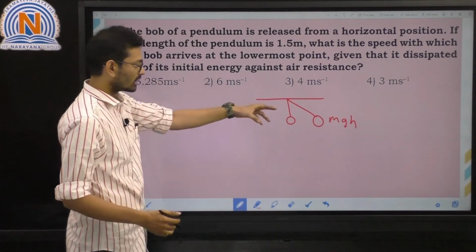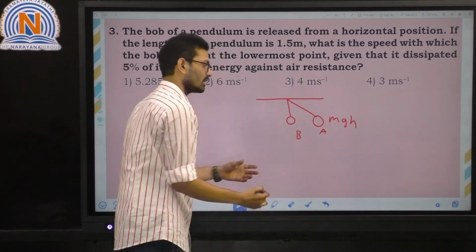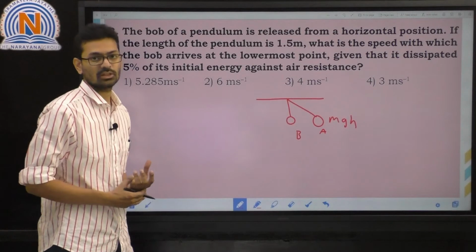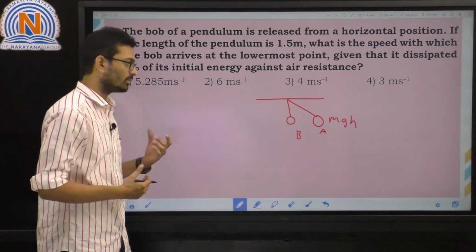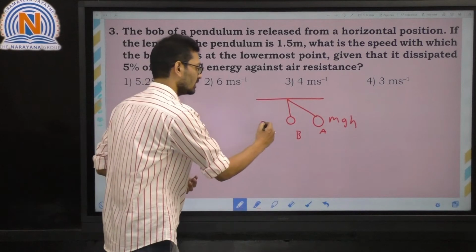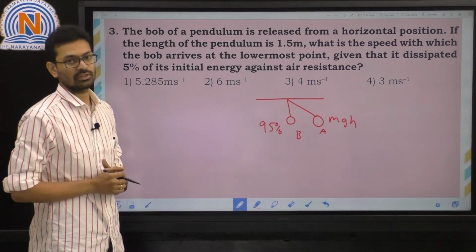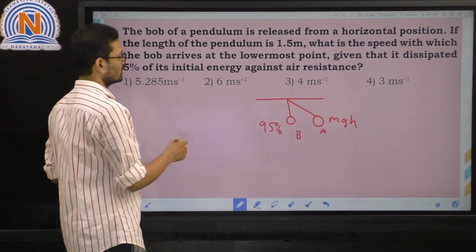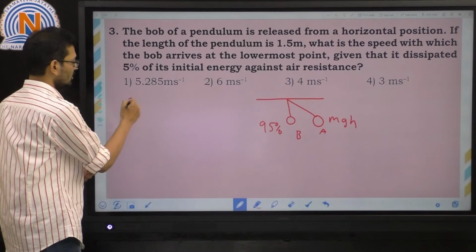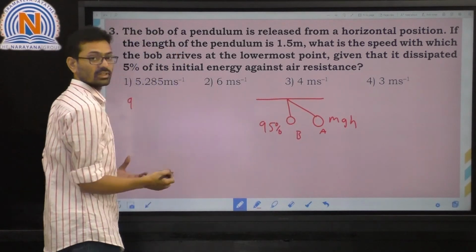Now let us take from point A to point B. While coming from A to B, it lost 5% of energy. Now when it lost 5% of energy, the remaining amount of energy over here is 95%. 95% of energy is present over here, so we will take the energy at this place as the energy at point A only.